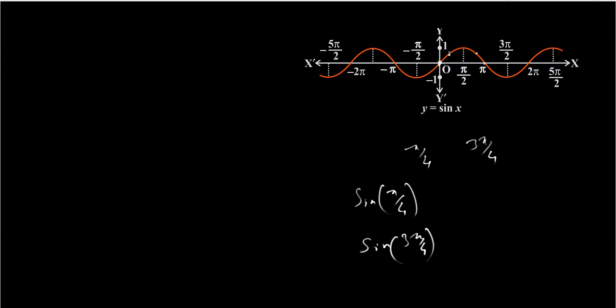At pi by 4, it is in the mid region between 0 and 1 on the y-axis, so this becomes 0.5. So sine pi by 4 may be 0.5, and sine 3 pi by 4 also gives the same value, 0.5.